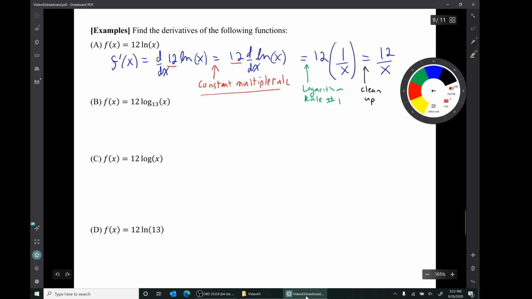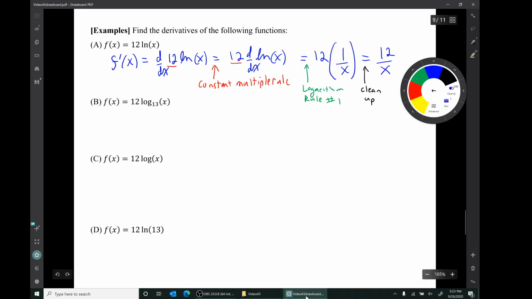We have a constant multiple, the number 12, so it slips right through the derivative symbol. The next thing we use is our log function rule. That says that we can replace this expression, d dx of ln of x, with this expression, 1 over x. And again, I want to stress, ln of x is not equal to 1 over x. It's d dx of ln of x that's equal to 1 over x.